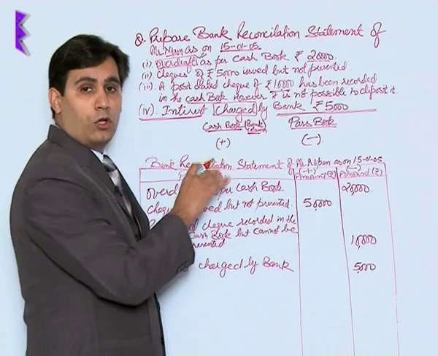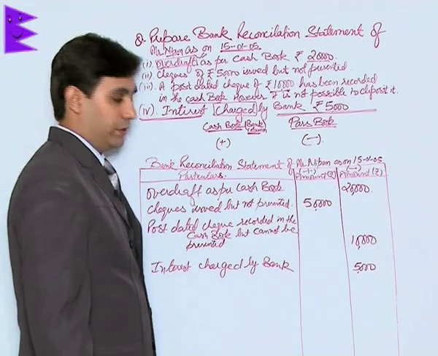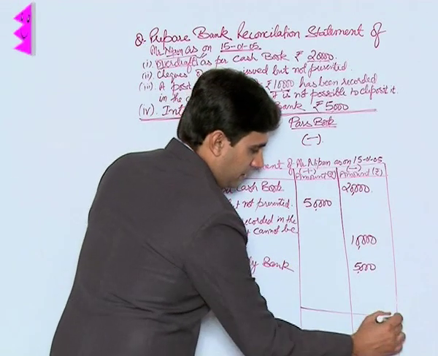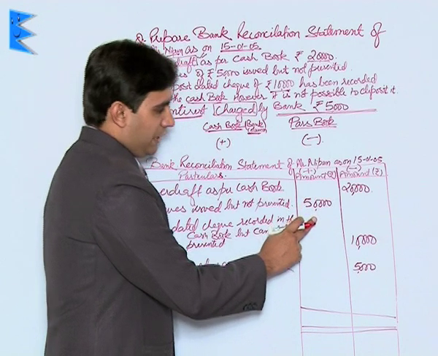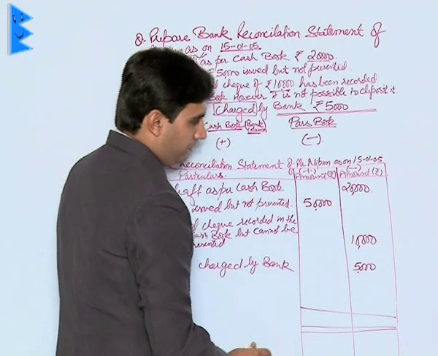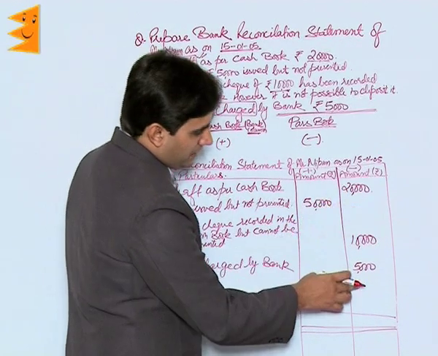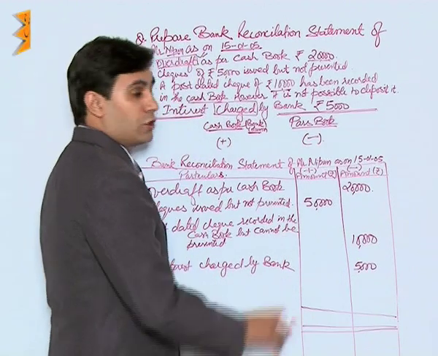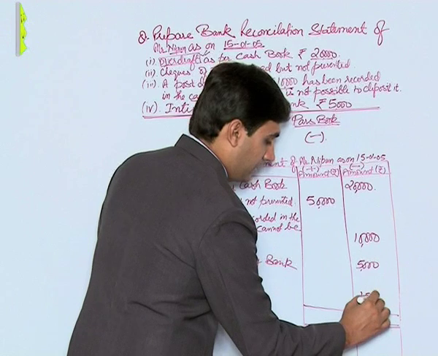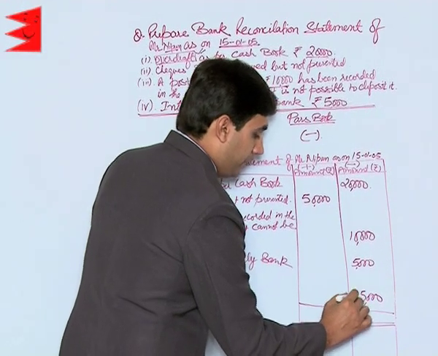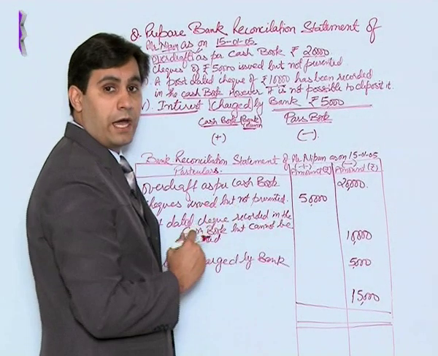Now all the entries have been taken care of. Let us find the balance. In this case, the plus column shows a balance of 50,000 and the minus column has a total of 35,000. So 50,000 minus 35,000 is 15,000. Now students, mind it, the plus column is higher.